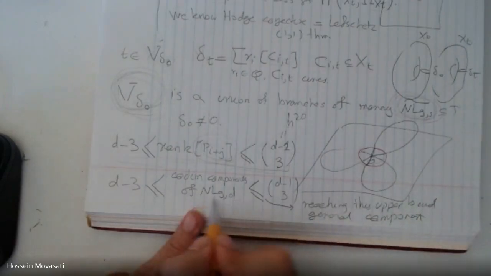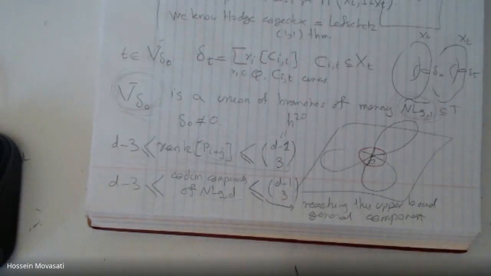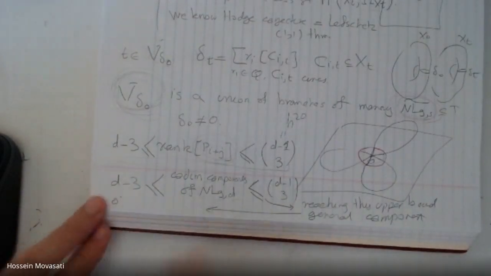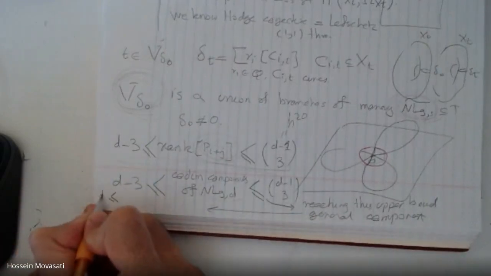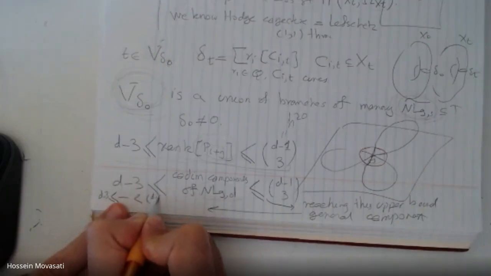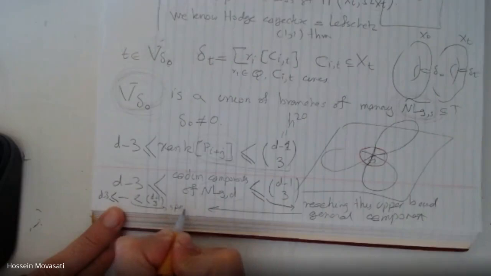So if a component of the Noether-Lefschetz locus is of codimension d minus 1, 3, then it is called a general component, and otherwise, that means between d minus 3 and strictly less than d minus 1, 3, these are called special components.